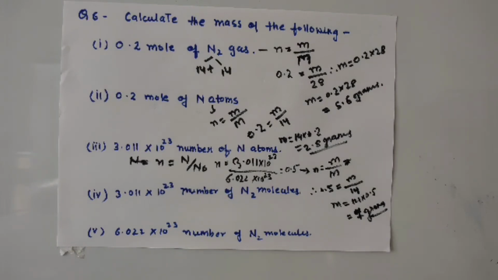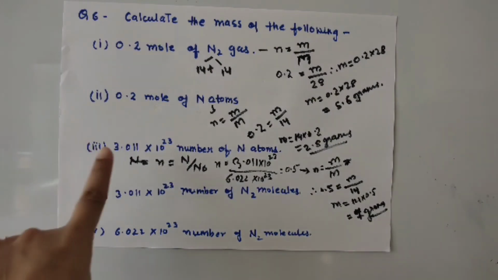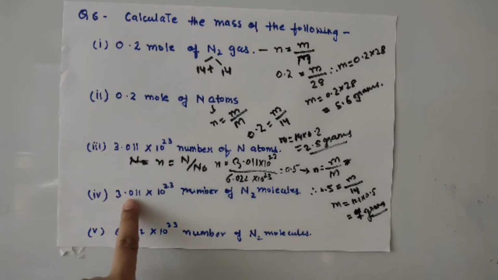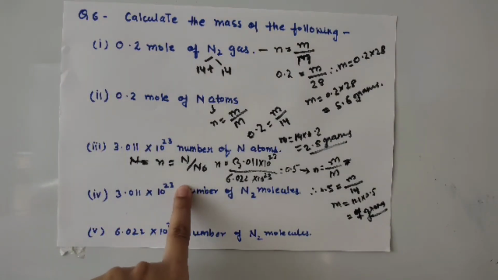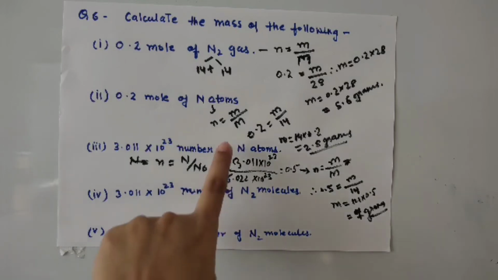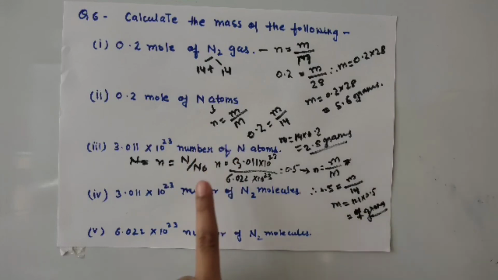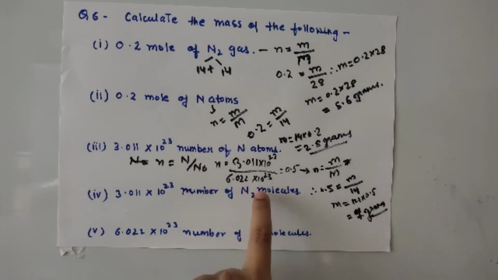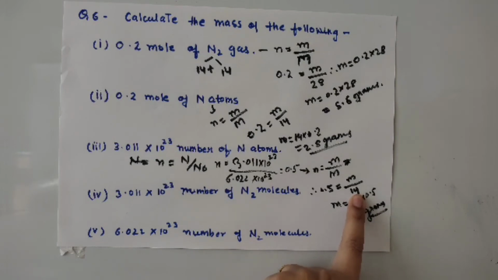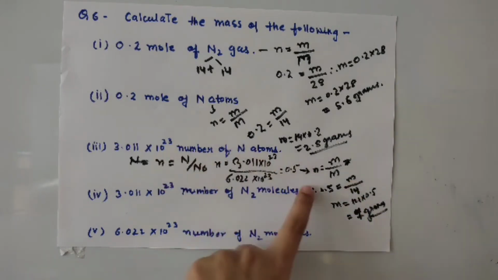The next part of the question has the same number, 3.011 into 10 to the power 23 numbers of, instead of N, it is N2. So the only difference will be that, instead of 14 as in the previous question, we have to take 28. So do it by yourself.